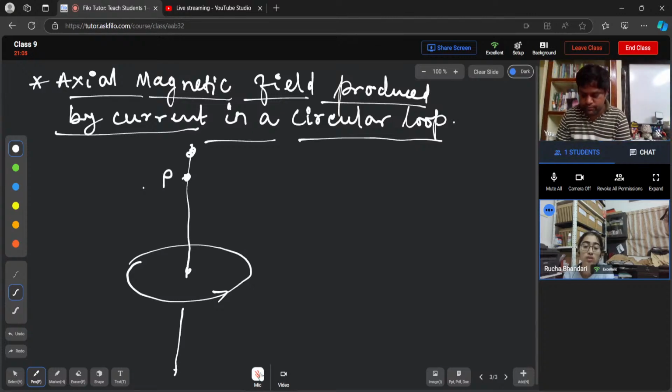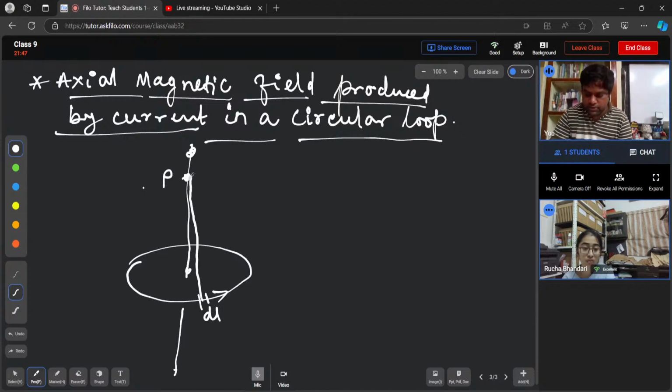So here, we'll take a small length element, dl, and due to this small length element dl, what will be the magnetic field here?